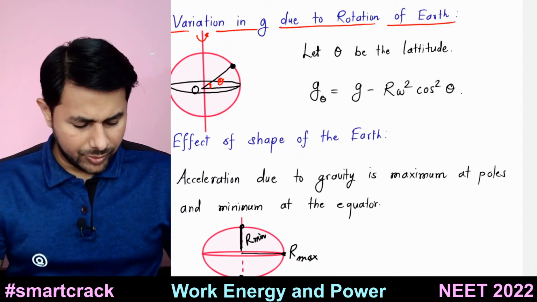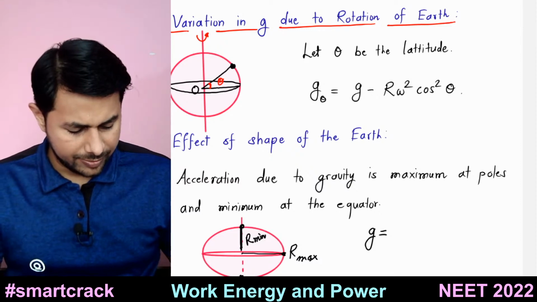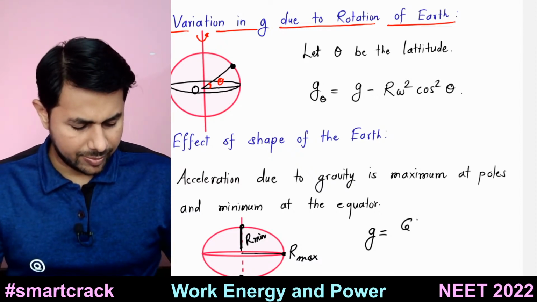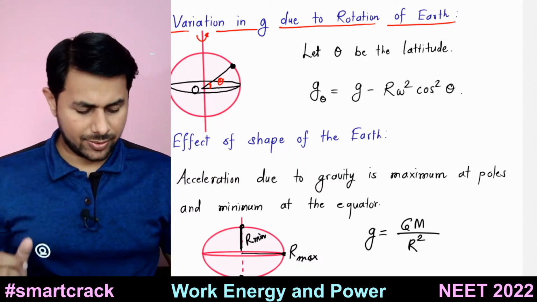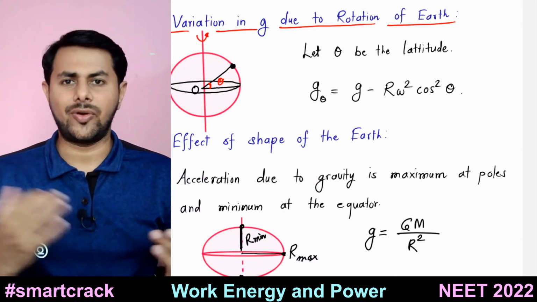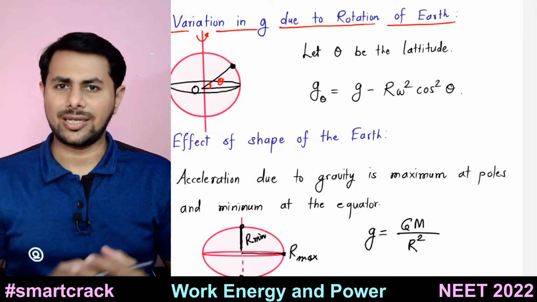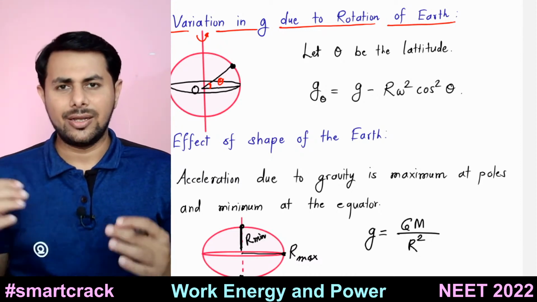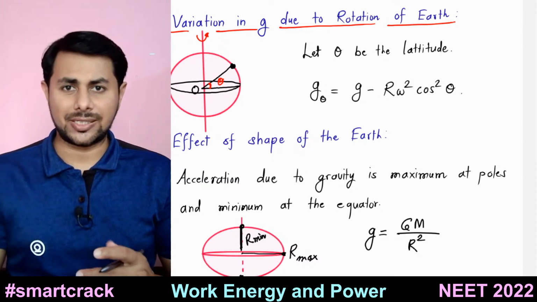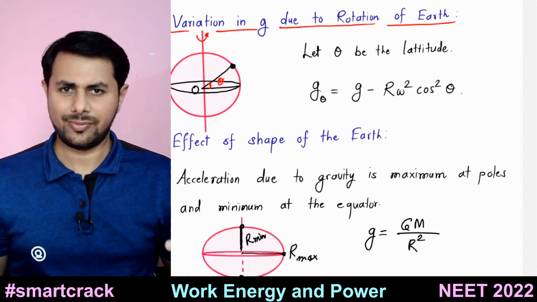We know that acceleration due to gravity is inversely proportional to r square. It is GM over r square, but r itself is changing. So if r increases, acceleration due to gravity will decrease, and if r decreases, acceleration due to gravity will increase. So that's why acceleration due to gravity has its maximum value on the poles and minimum value on the equator. Okay, it's simple.